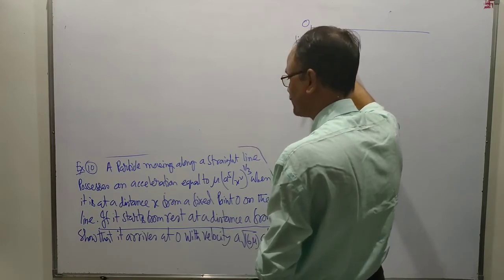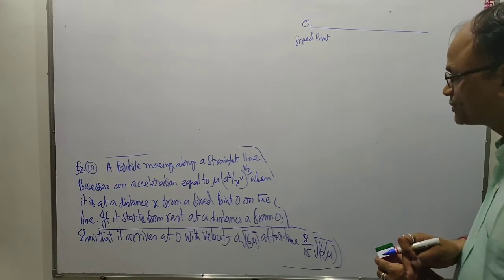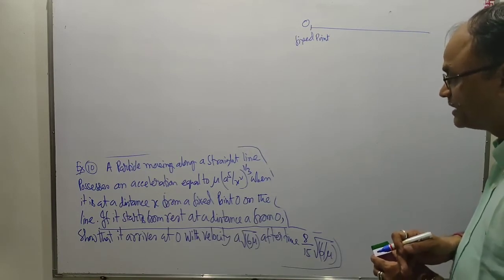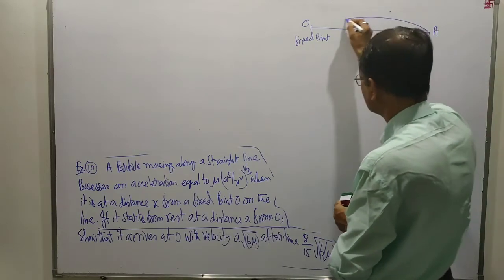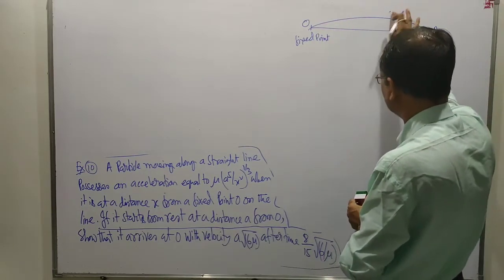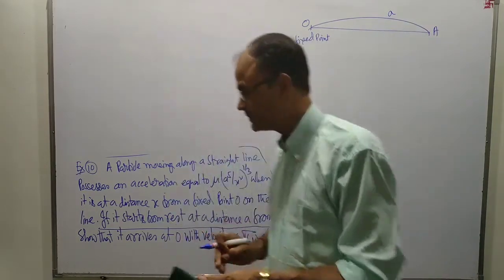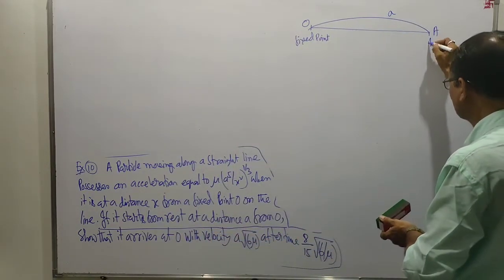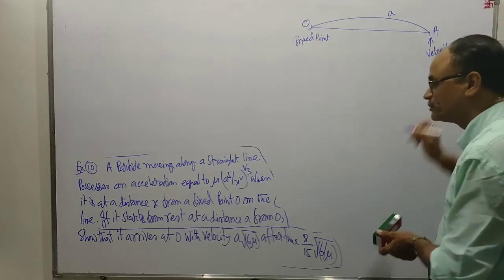O is the fixed point. It is the center of force. And A is the starting point of the particle. And the distance between O and A is small a. It is given. OA. And the velocity of the particle at A, the starting point, equal to 0.